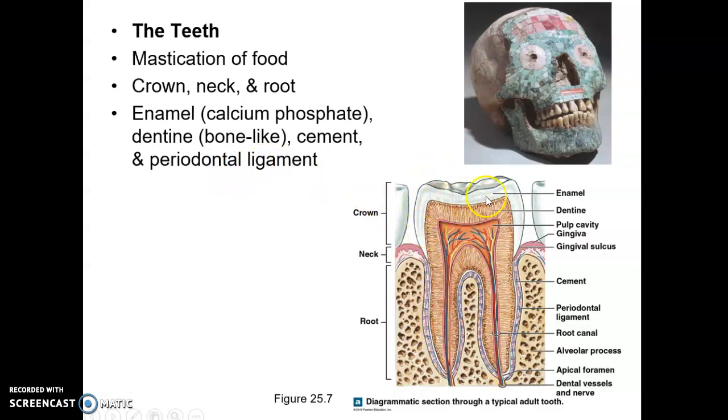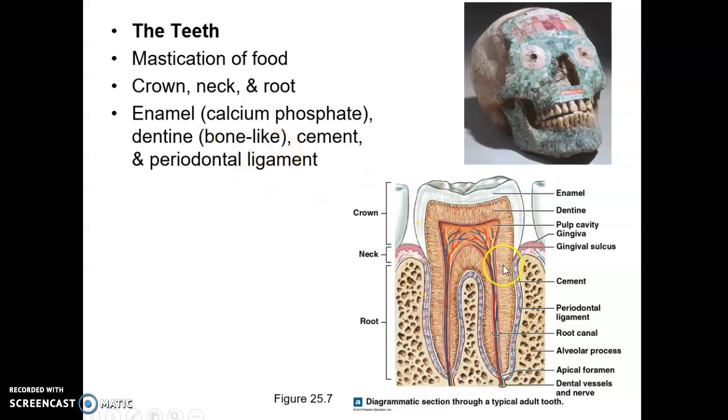The material of the crown is enamel, primarily calcium phosphate. So the material is the enamel, and that's the hardest material in the human body. The inner part of the tooth, which is in brown here, is another material referred to as dentine, which is very bone-like.